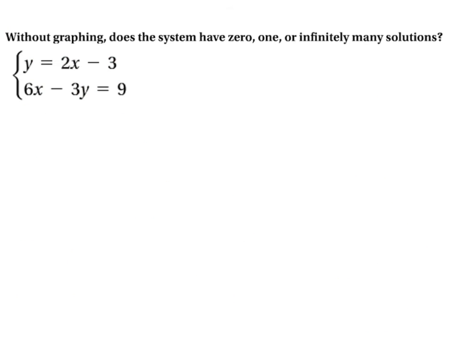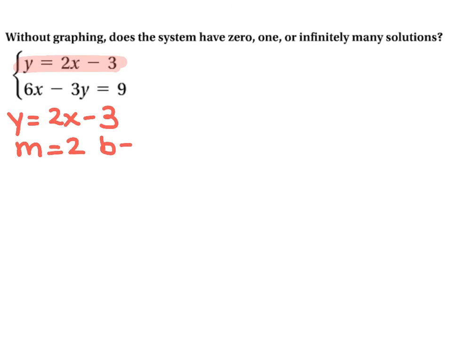In our next example, the first equation, y is already by itself. So our equation is y equals 2x minus 3. So the slope is 2, and the y-intercept is negative 3. For the other equation, I had to solve to get y by itself. So I start with 6x minus 3y equals 9.